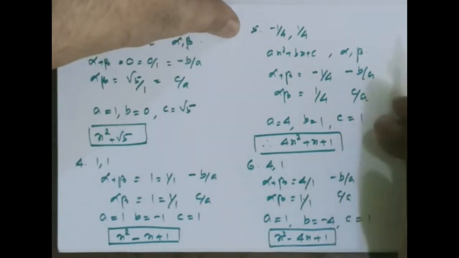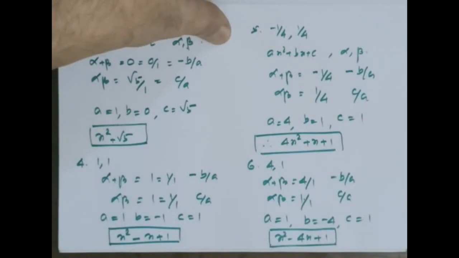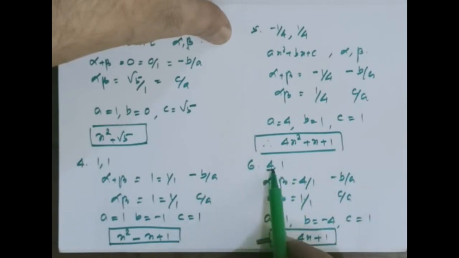So is it clear? That is what they had given. They had given find the quadratic polynomial. We need to find the quadratic polynomial each with the given numbers as the sum and product of its zeros. So here they had given the sum and the product. Suppose for a quadratic polynomial, how do we represent it?